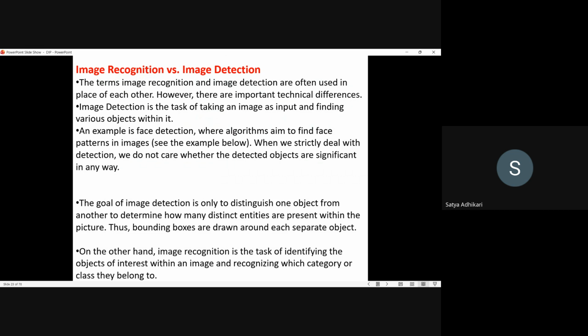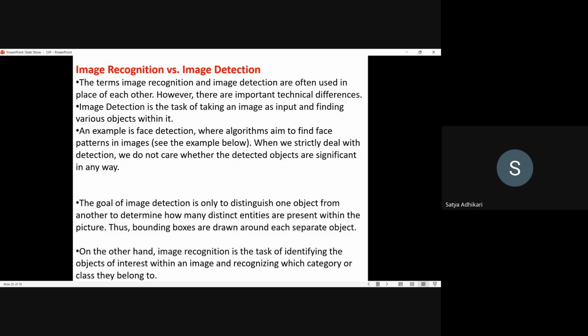The terms image recognition and image detection are often used in place of each other. However, there are important technical differences. Image detection is the task of taking an image as input and finding various objects within it. An example is face detection, where the algorithm aims to find face patterns in an image.